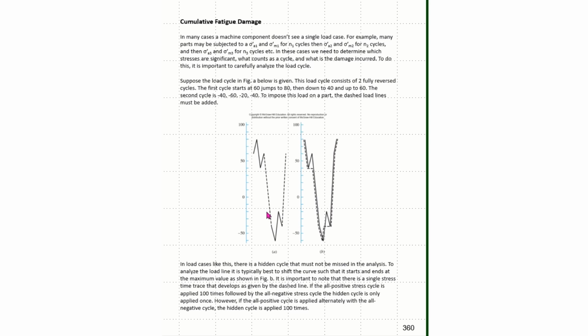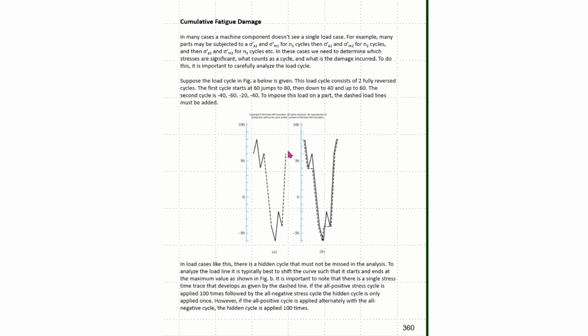We're going to assume we have a second load cycle that goes from a minus 40 down to a minus 60, then up to minus 20, and back down to minus 40. So we have these two independent load cycles. And when we draw these load cycles, we know that in the machine part, they're actually going to be connected. And the connection is shown by these dashed lines here.